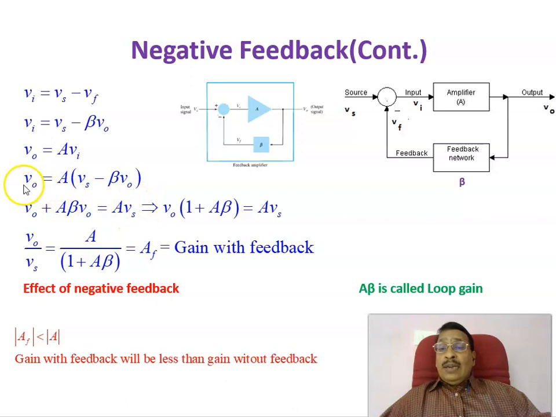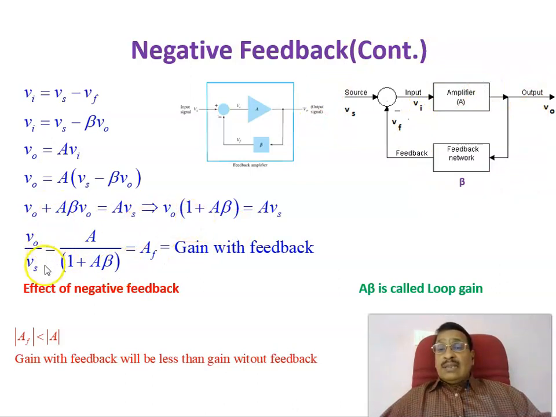Grouping the V0 terms, V0 plus A beta V0 equals A times Vs, that is V0 times (1 plus A beta) equals A times Vs. Therefore, the total gain of this negative feedback amplifier is given by V0 divided by Vs, where the output voltage is V0 and the input voltage is Vs.